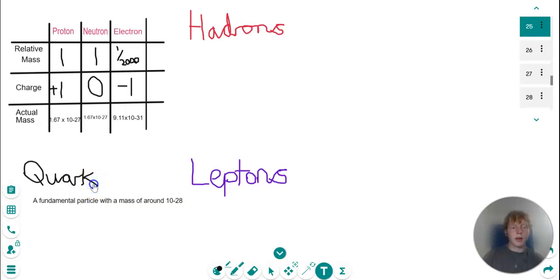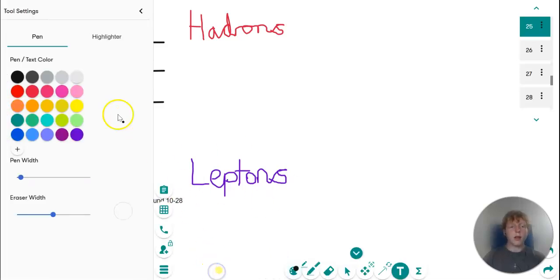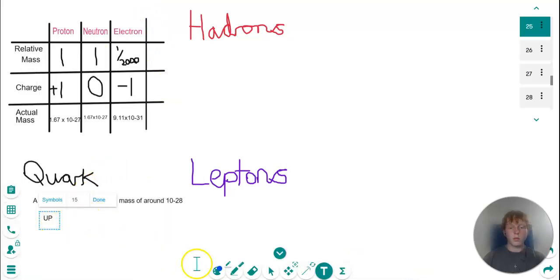Okay? Now, you do have different types of quarks. The ones that you need to know, and the ones that we'll discover the properties of, are the up quark, which we'll highlight in blue.